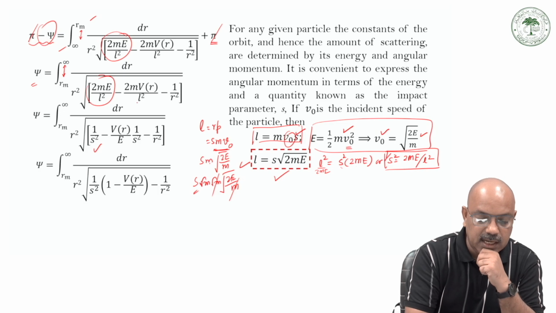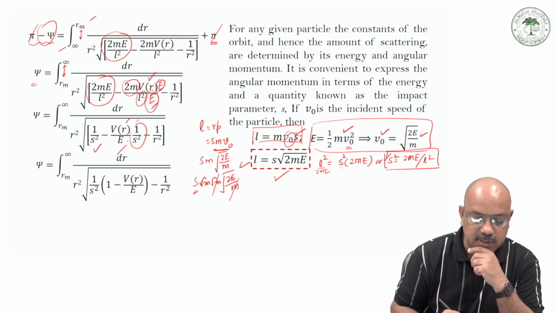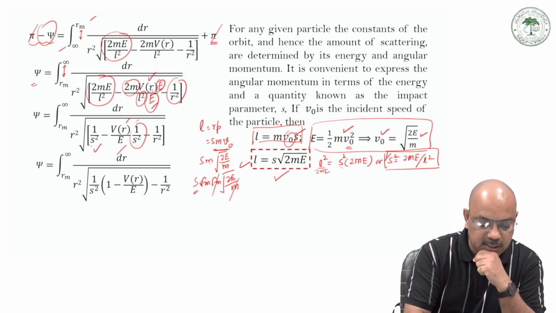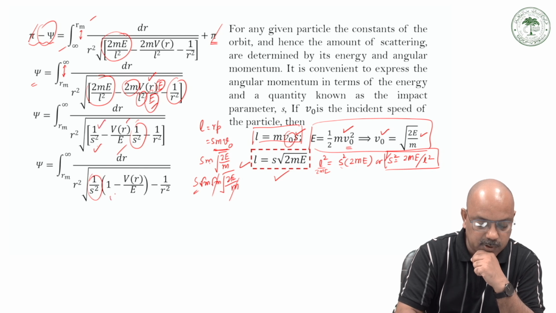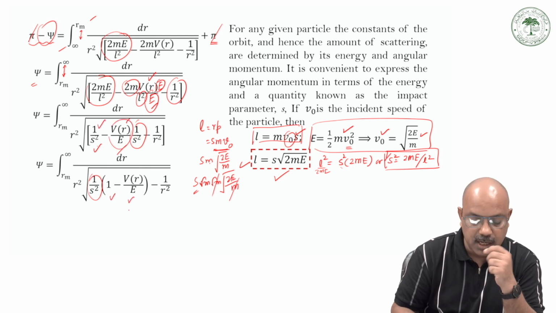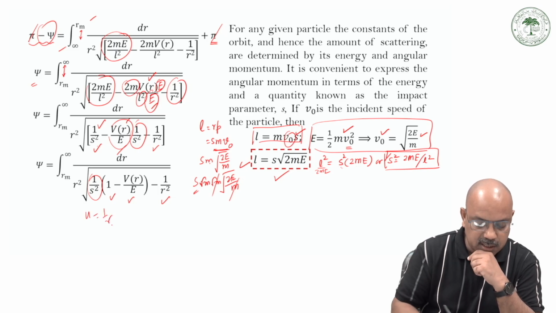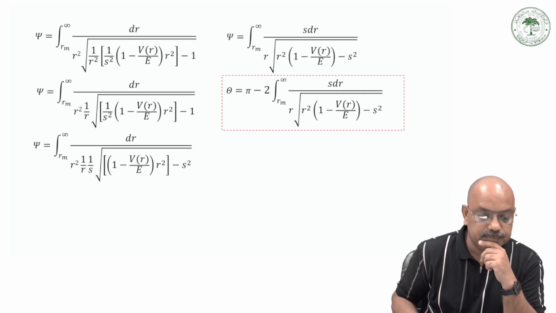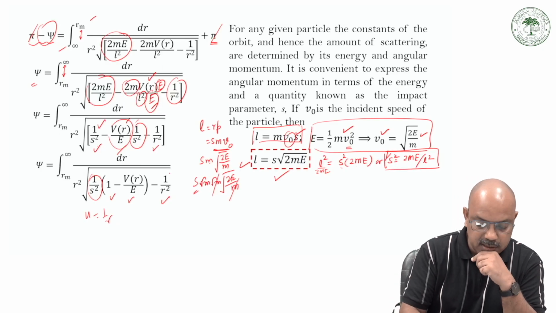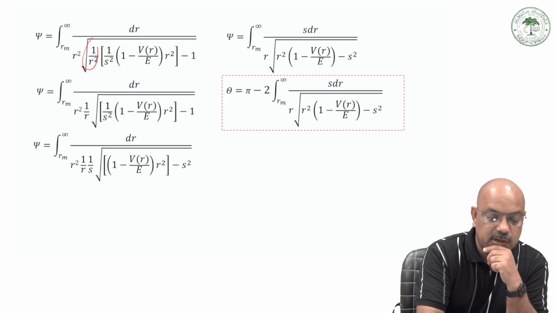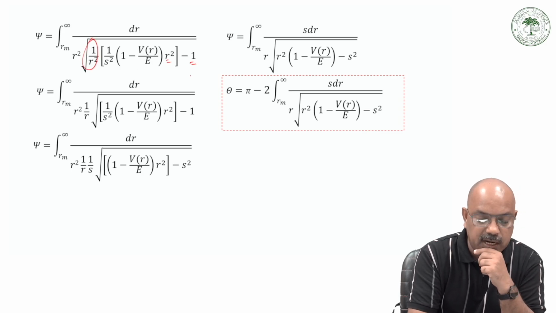Fine. And then again, if I multiply by E here and divide by E, twice m E by L square is going to give me 1 by S square, and then I relate V and E here itself, and then I have 1 by r square. So if I take 1 by S square common, from this I get 1, and this gives me V by E, and then r square is there. Now I can take u equal to 1 by r. So 1 by r square is also taken common, and this is r square and this is minus 1.